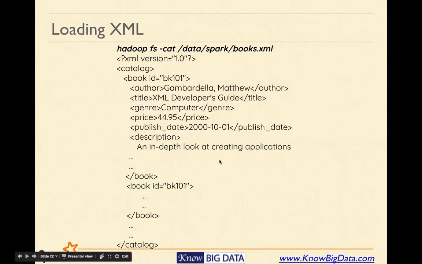Yesterday, if you remember, we talked about how to load XML and Avro. XML is this kind of data, like HTML. HTML is basically a form of XML. Whenever we want to categorize something, we create a tag.